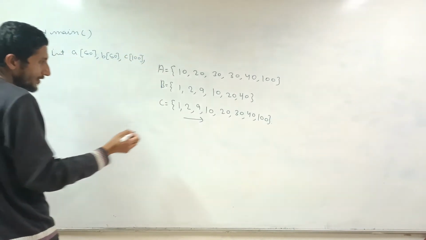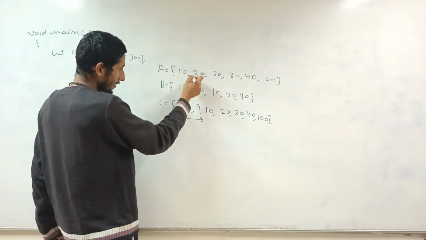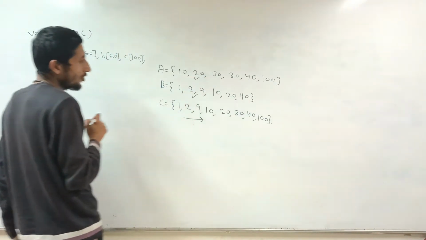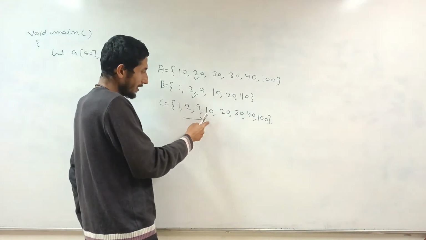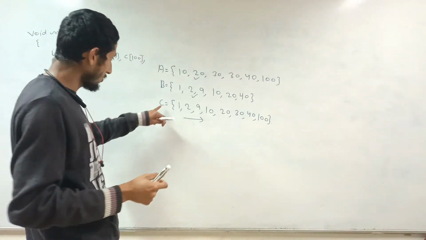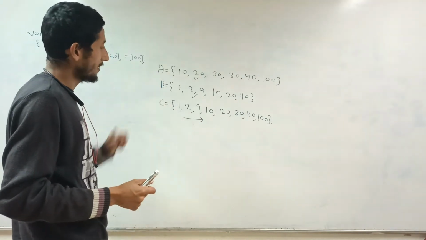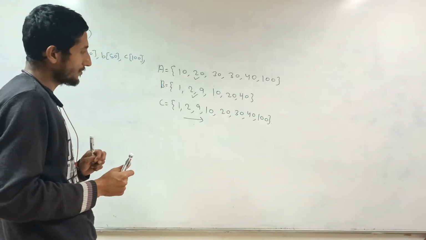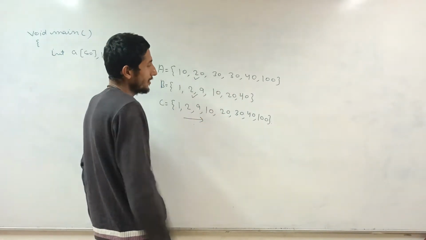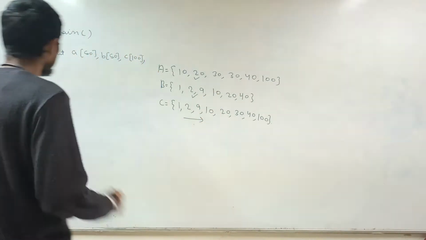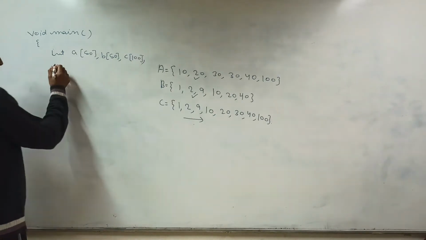The maximum size of array C can be 100 if A and B contain no duplicate elements. If A and B contain duplicate elements, it is quite obvious that the size of C will be less than A plus B, because a duplicate element will not be copied two or three times. So I have taken the arrays.